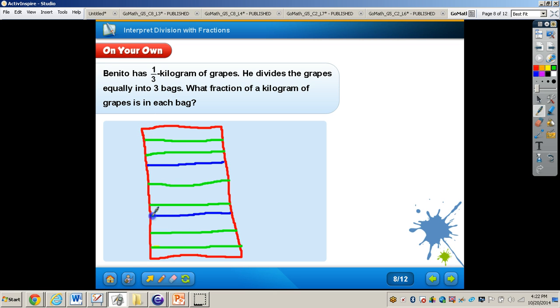Okay, then I took each of the 1/3 and divided each of them by 3. So you can see that each section, what fraction of a kilogram of grapes in each bag, each section represents that answer. So that is 1/9 for my answer.